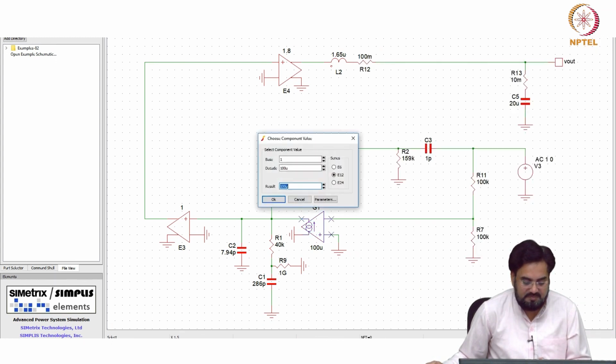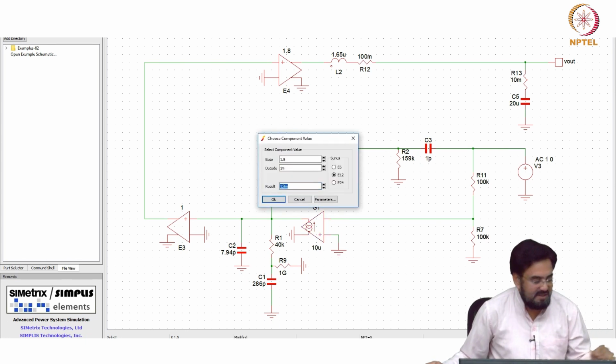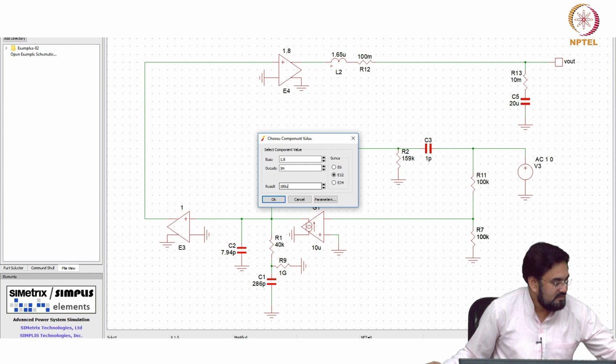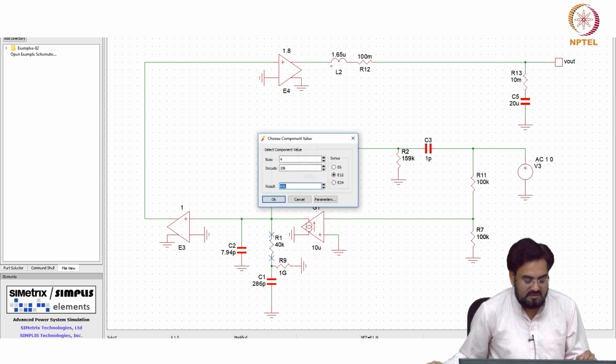If I change this, let us say 10, this should become how much? 180 micro? What else do I need to change? Capacitors. Why capacitor? GM. Which capacitor? So first you need to change this.